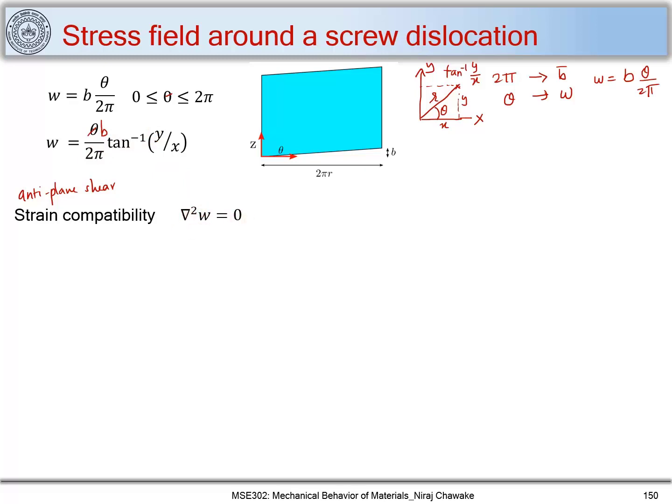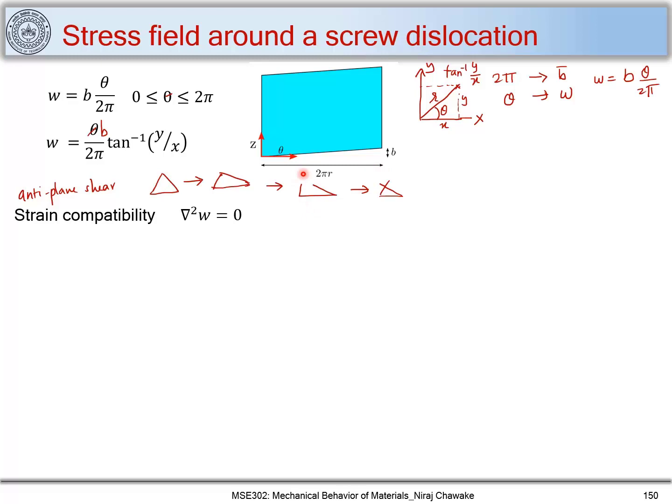And what does compatibility mean? So let's say I have an element, let's say I mark it as a triangle, and when I deform it, it should deform something like this. Let's say it shears, so all points are intact. It should not be like something like this where the joints are missing or there is no compatibility, or it should not cause any overlap.